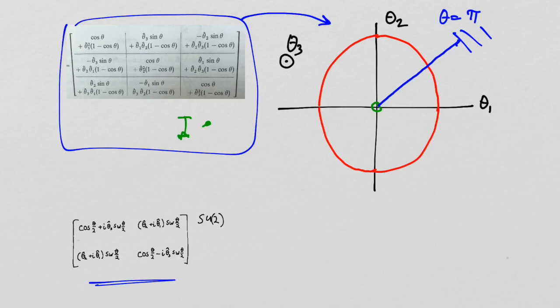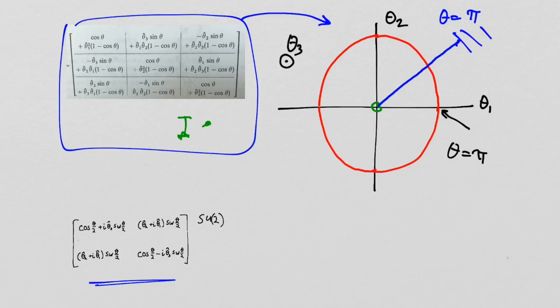I should note that anything on that sphere is theta equaling pi. It's a sphere because theta 3 comes out of the board. Theta 1 is the x-axis, and theta 2 is the y-axis.